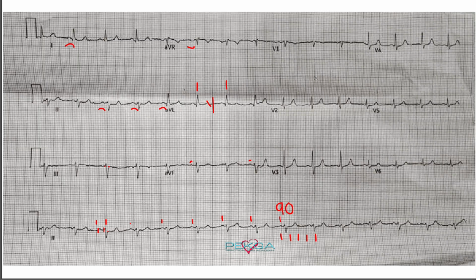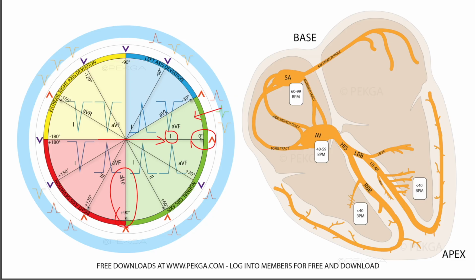Now, to keep going, let's take a look at the axis. So the axis here, it's upright in lead 1, it's down in lead 2, it's down in lead 3, it's down in aVF. We have left axis deviation.